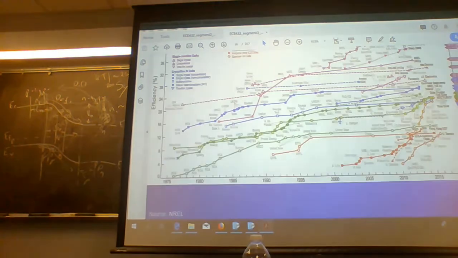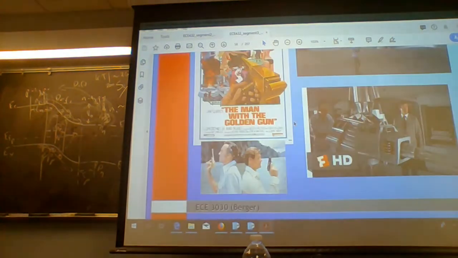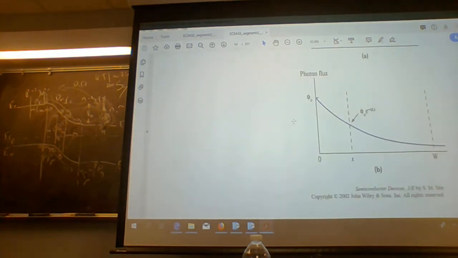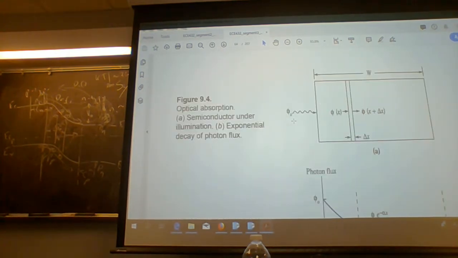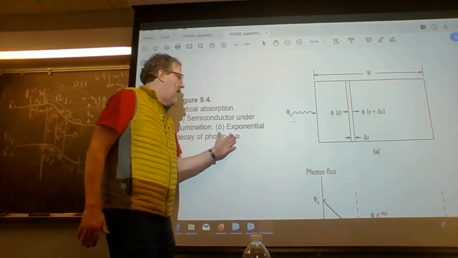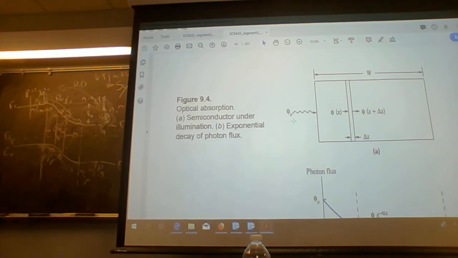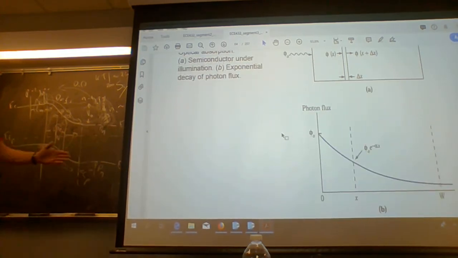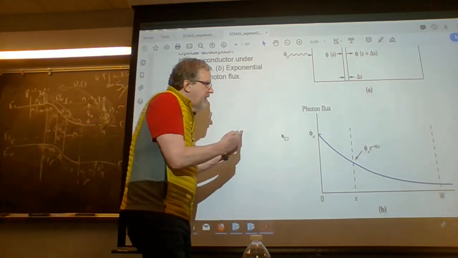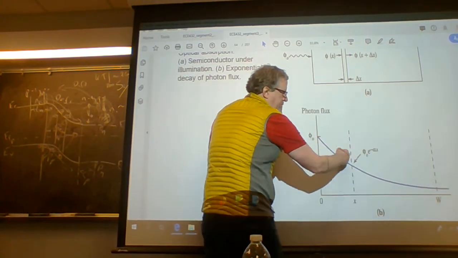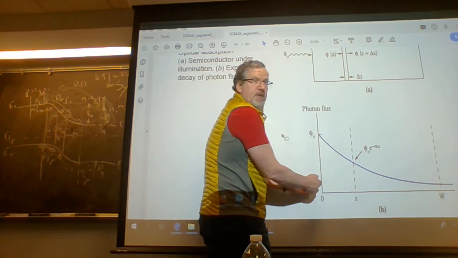Again, this is kind of eye candy and kind of explains everything, but essentially light comes in, a photon flux comes in, and it's being absorbed in the semiconductor. So the intensity of the light is being diminished as a function of depth into the semiconductor material.